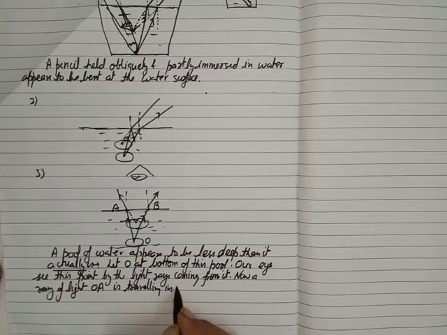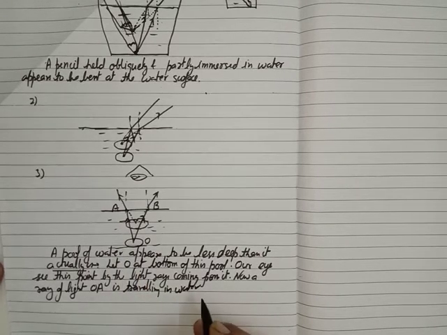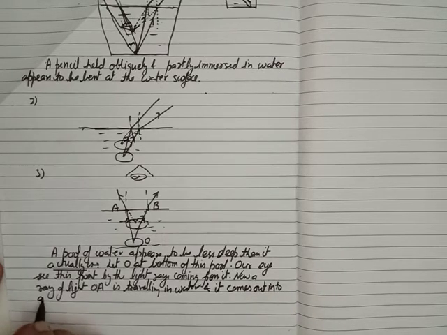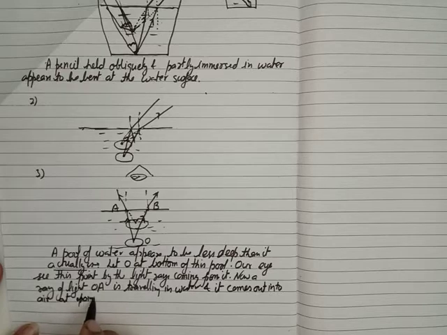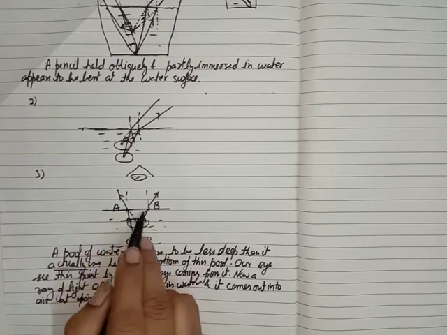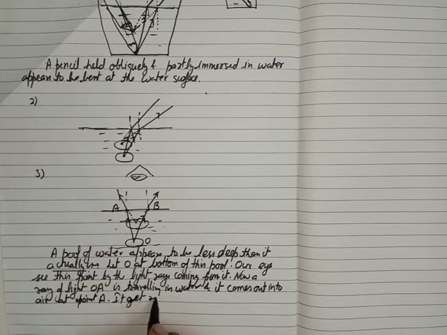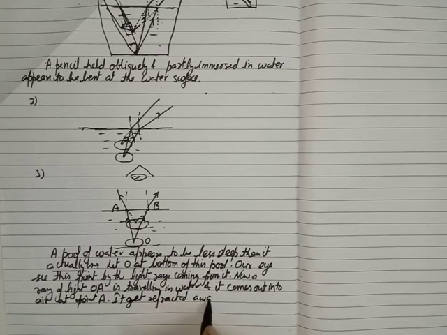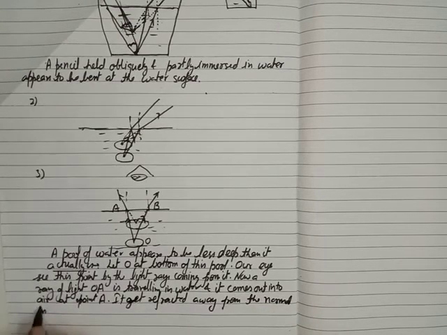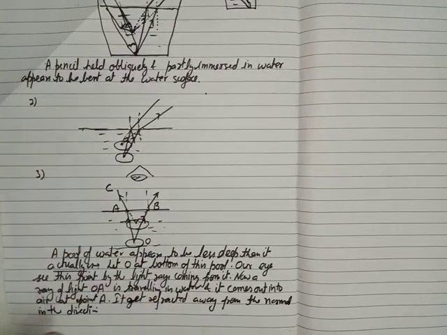This is the path of the light ray traveling in water, and it comes out into the air at point A. And this is the point at which refraction of the light takes place, because this is the surface, the partition between the two media. It gets refracted away from the normal in the direction AC, and this is the direction in which the refraction of the light takes place.